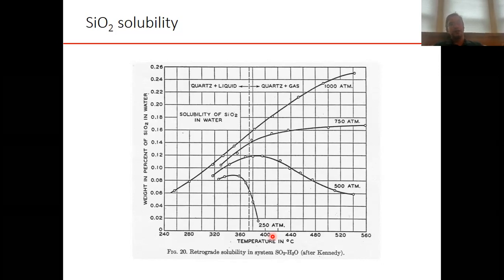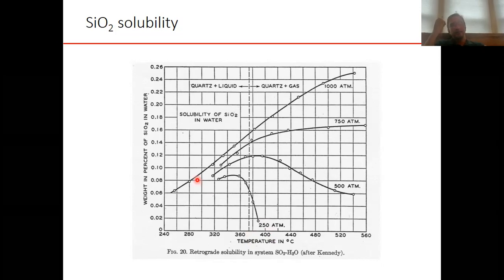The reason for that is that the solubility of the silicon dioxide in the mineralizer is strongly dependent on the pressure, which is directly linked to the density in the respective phase.